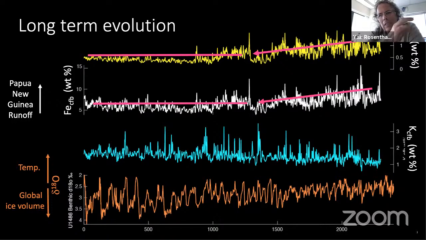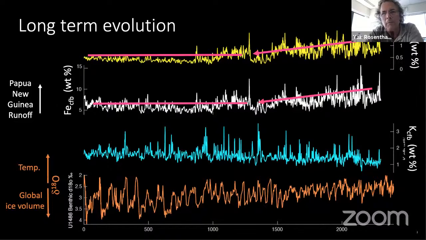So the sea level, tectonics, all the local effects seem to be very evident on the margin, and to some extent are filtered in the distal site of 1486.